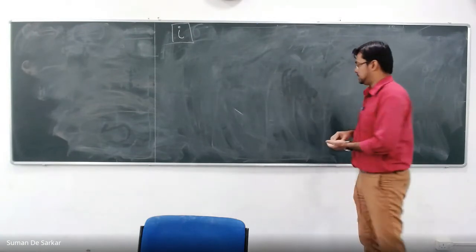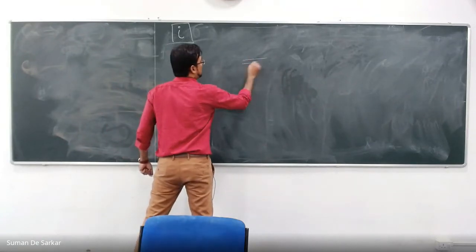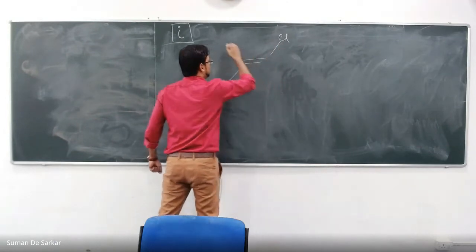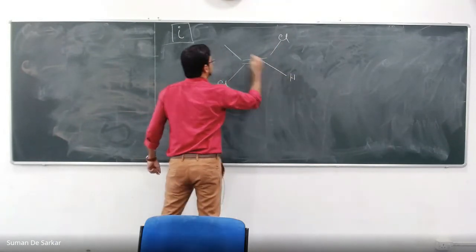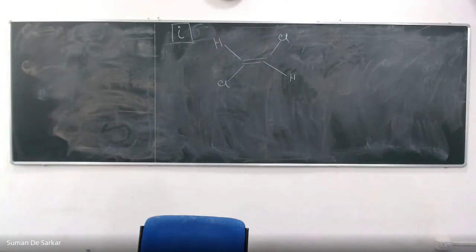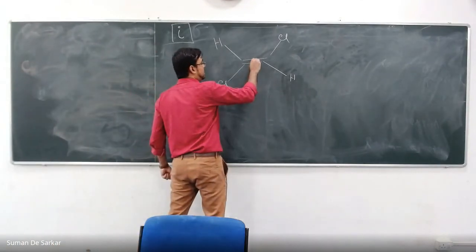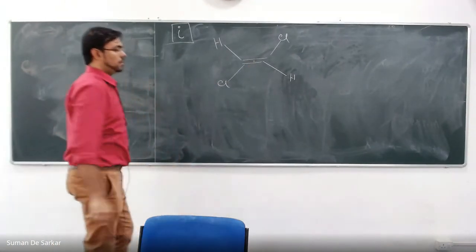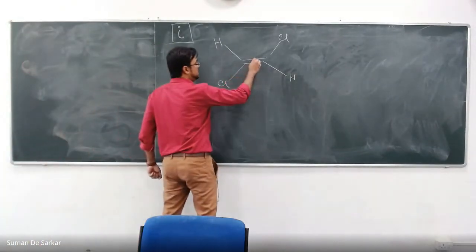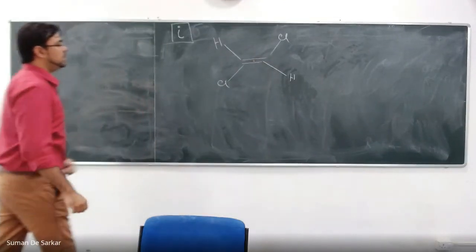Let me explain with an example, the same molecule, trans 1,2-dichloroethene. As I said, you have to find a point here, and from that point measure the distance to a certain atom, for example this chlorine.